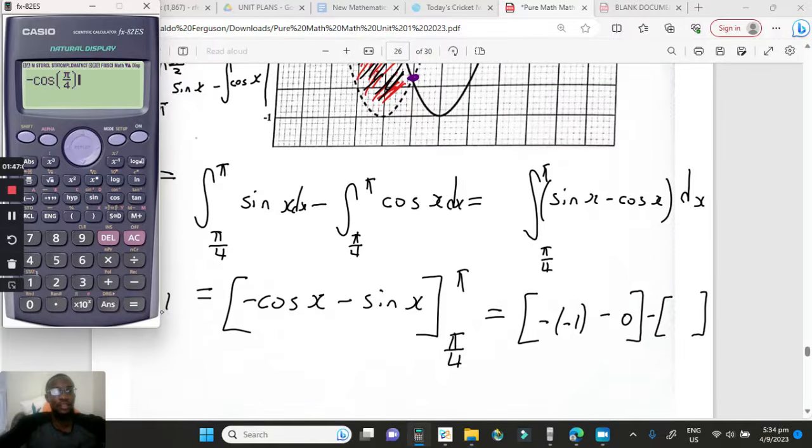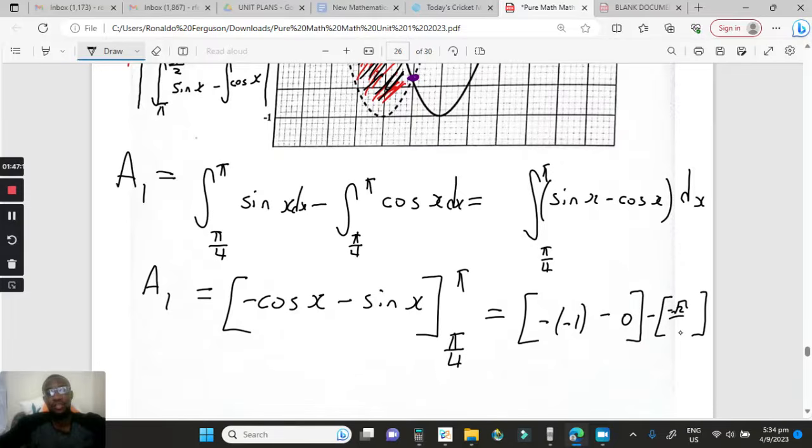We'll put that in, and we get negative root 2 over 2. And then we have our minus, and we put in for the sine would also be negative root 2 over 2. Now all of this can just go in the calculator to give us a1.